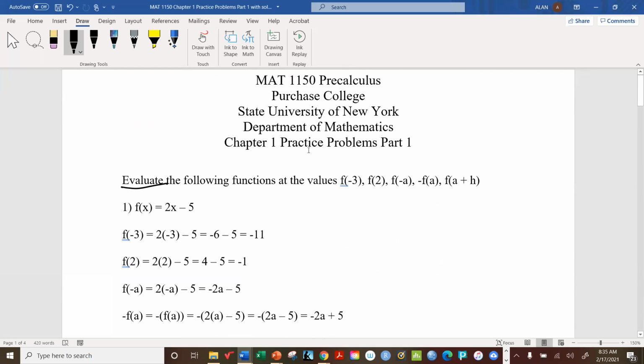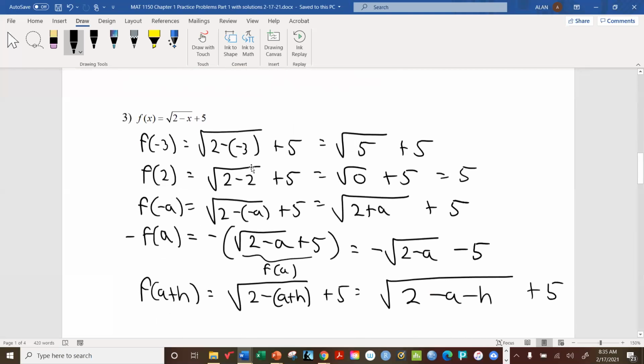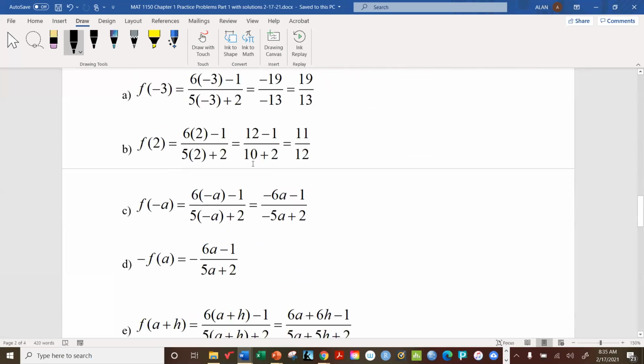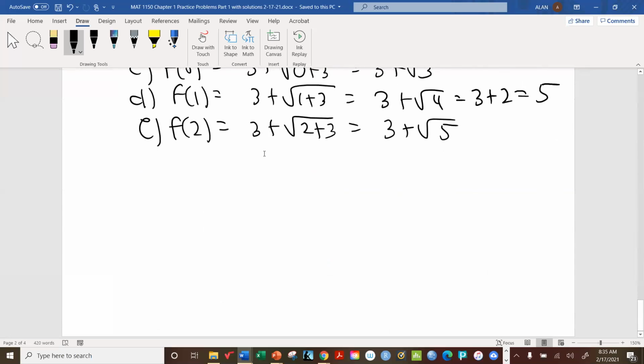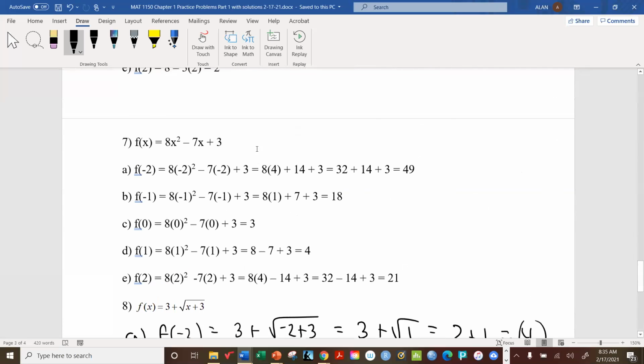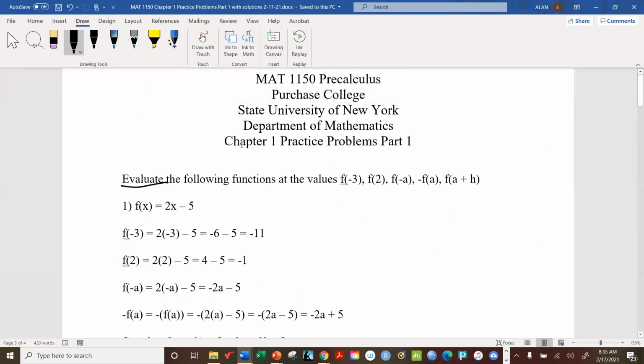There's nothing conceptually difficult about this, but it's easy to make mistakes because there's negatives and square roots and all the rest. So it's just a question of being careful. In fact, I wasn't always careful either. So keep an eye on all those steps and you should have the right answers. So yes, I'll post this when we're done.